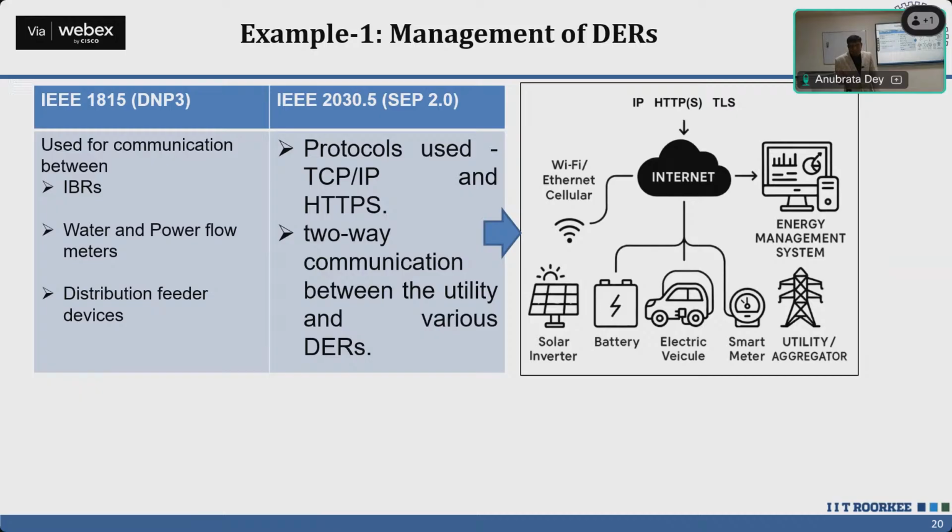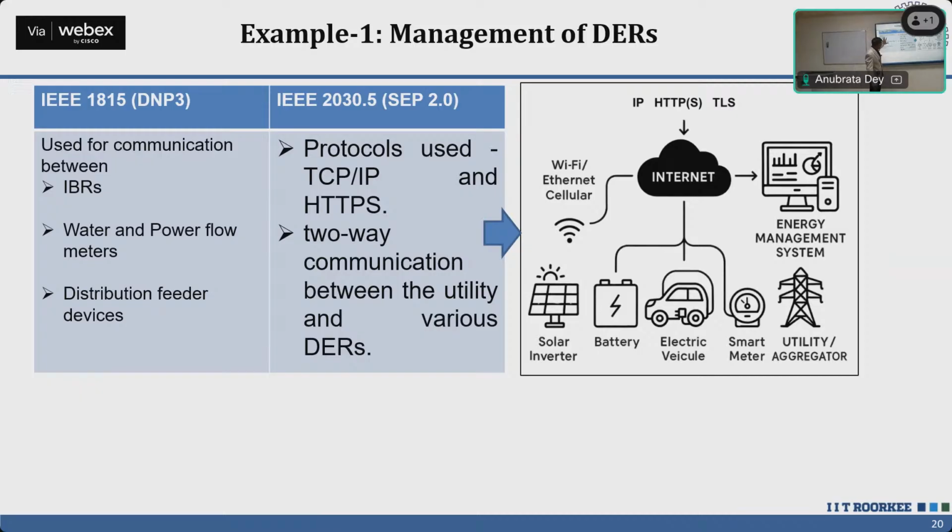I don't know. Otherwise it is free of cost. But in developed countries, like in Canada, it is chargeable. A water meter is there, and you cannot use water like we are using here in our country. You can use it, but you have to pay the charges. And it is also used for communication among the distribution feeder devices.